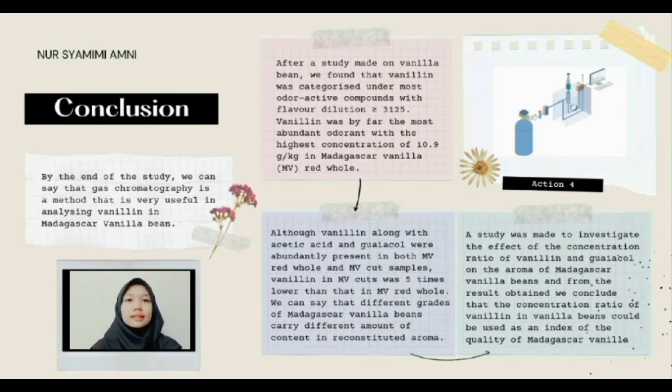You can see that different grades of Madagascar vanilla beans carry different amounts of content in reconstituted aroma. A study was made to investigate the effect of the concentration ratio of vanillin and guaiacol on the aroma of Madagascar vanilla beans. And from the result obtained, we conclude that the concentration ratio of vanillin in vanilla bean could be used as an index of the quality of Madagascar vanilla.